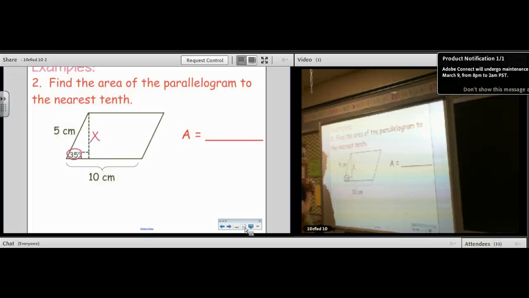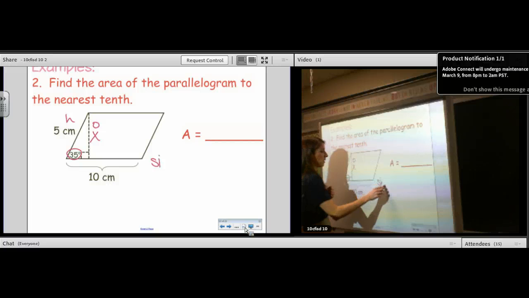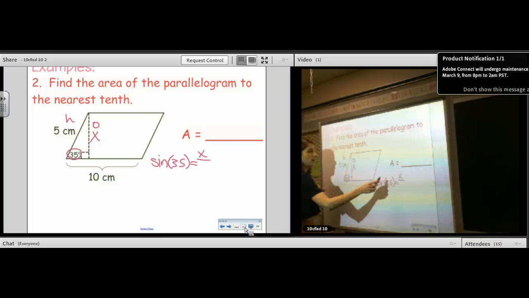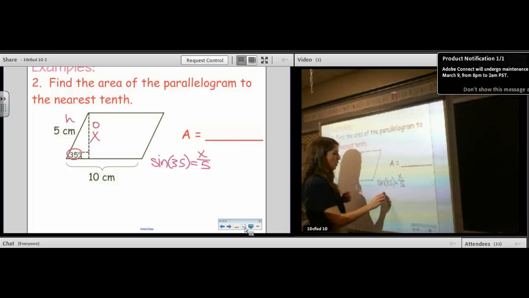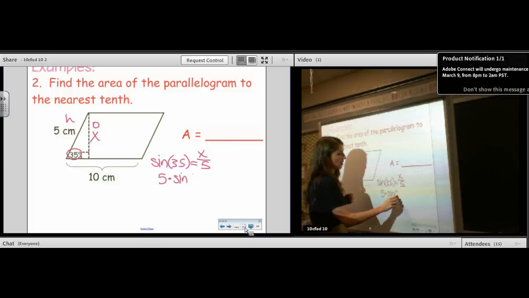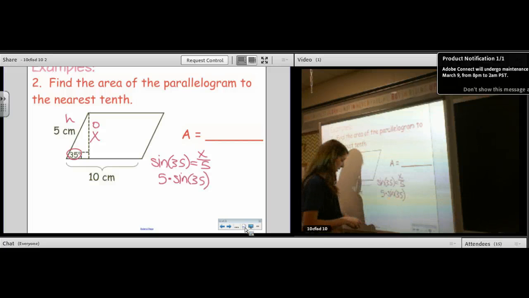It's not one of our special right triangles. So compared to 35, we've got opposite and we've got hypotenuse. So to find the height of this parallelogram, we would do sine, we put our angle in there, and then we put opposite over hypotenuse. X is in the numerator, so we're going to multiply. 5 times sine 35. That's going to be the height.